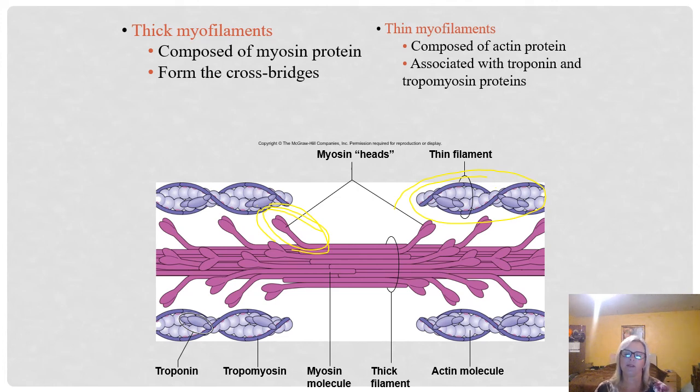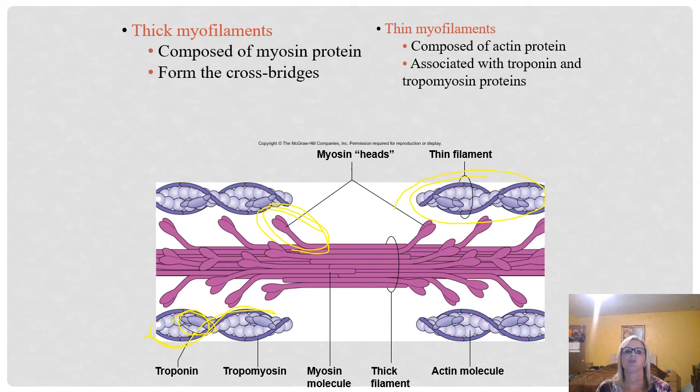Troponin and tropomyosin, those are two other really important words. Troponin and tropomyosin are proteins that associate with the actin filaments. And what that means is, you can see here, you've got troponin right here, troponin right here, and then tropomyosin going along. So when they say associate, they're just attached to it, okay?